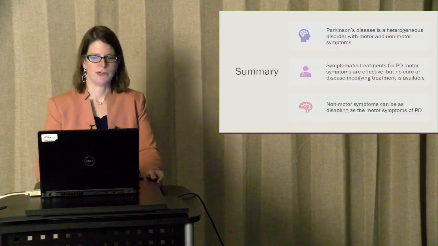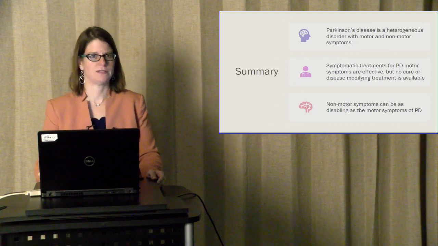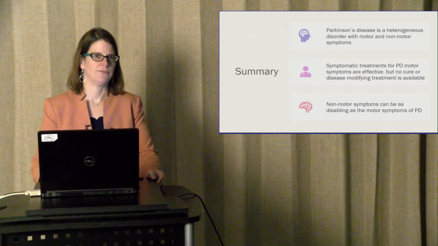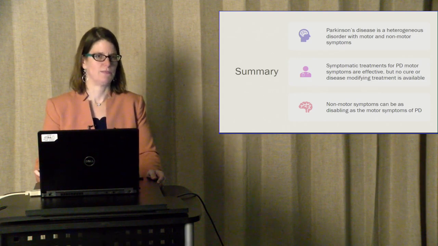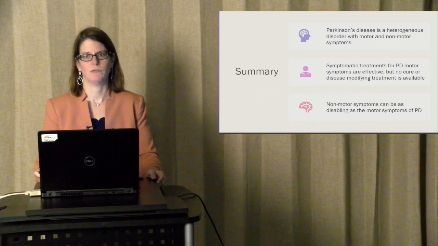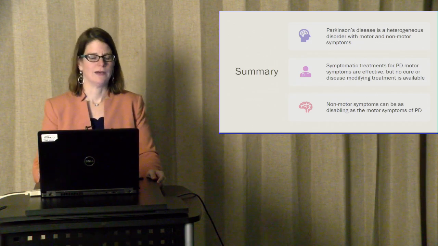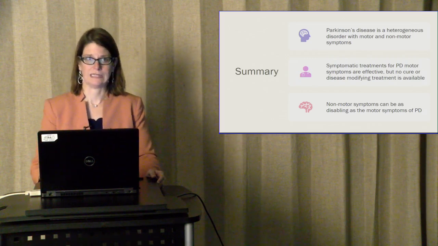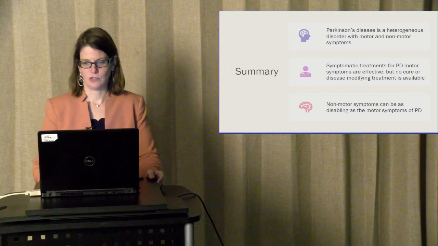So in summary, Parkinson's disease is heterogeneous. I didn't talk about this a whole lot, but different patients have very different manifestations of disease. Some people have really tremor dominant disease. Some people have more balance trouble. I often tell my patients, if you see somebody in a wheelchair who has Parkinson's, don't necessarily think that that's your path. Everybody's a little bit different.